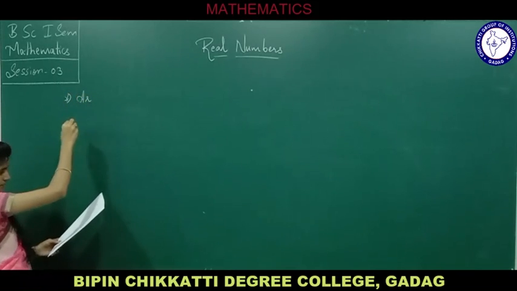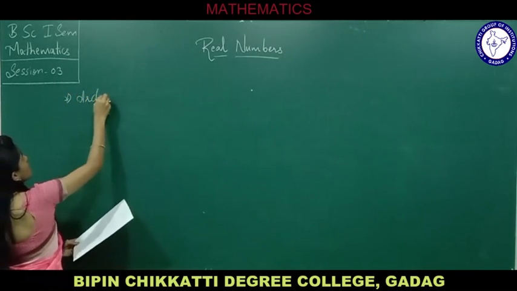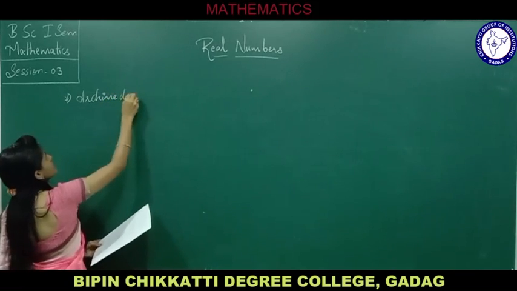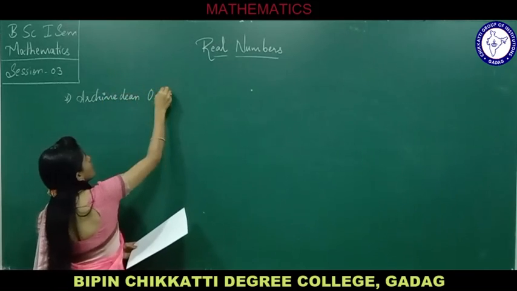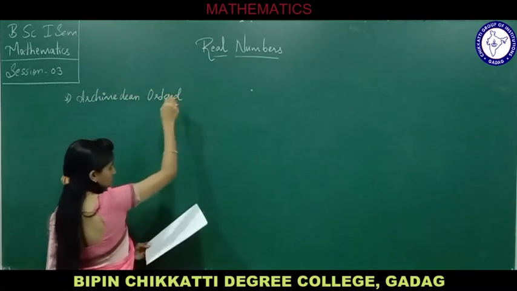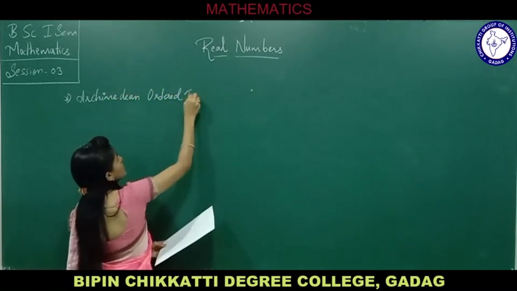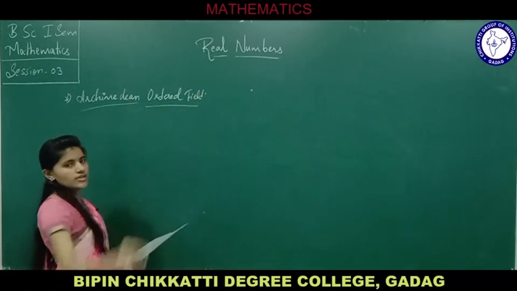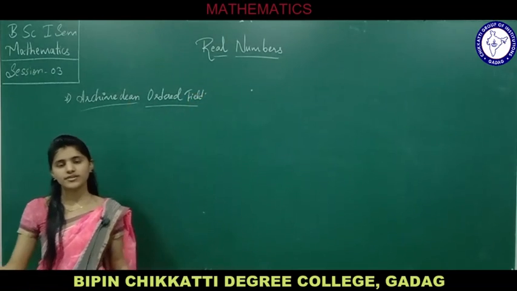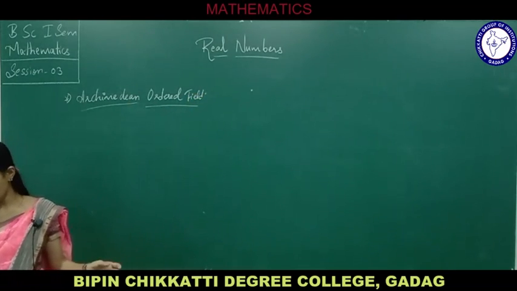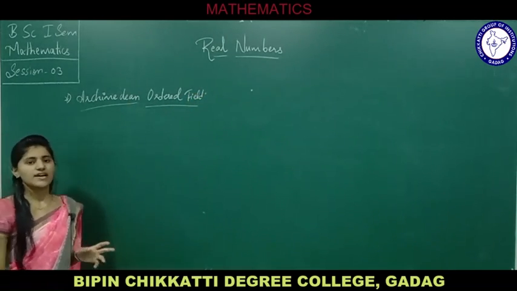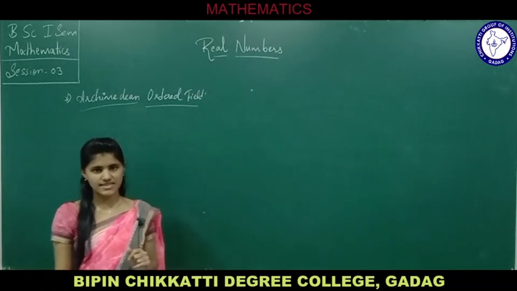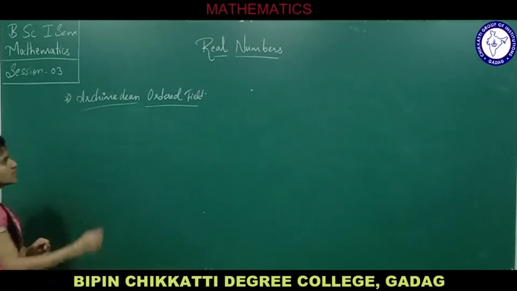What is it? An ordered field, when we say it is Archimedean, has this Archimedean property of real numbers, as simple as that.